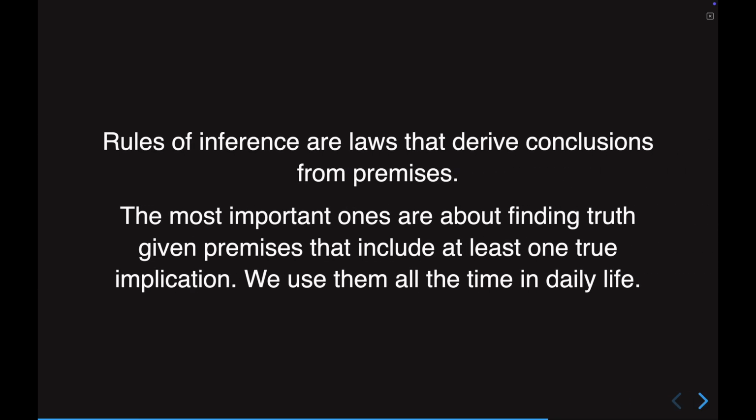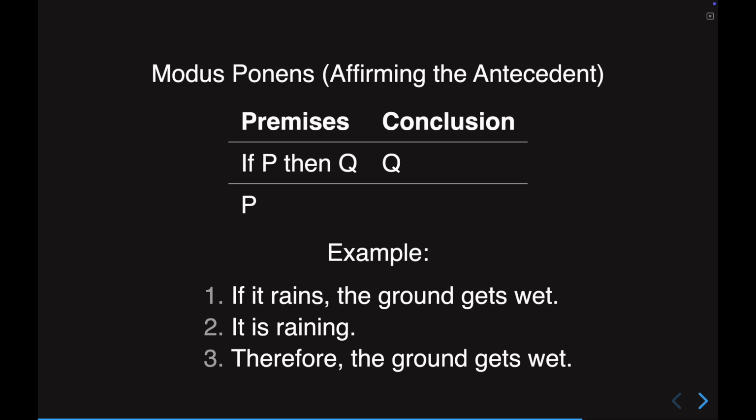Rules of inference are laws that derive conclusions from premises. The most important ones are about finding truth from premises that include at least one true implication. These are things that we use all the time in daily life. First, we have modus ponens, or affirming the antecedent, which is very straightforward.